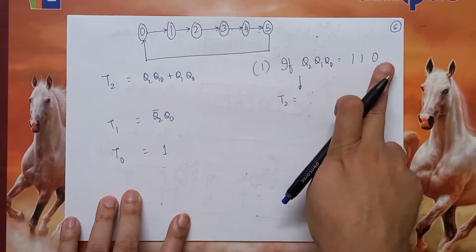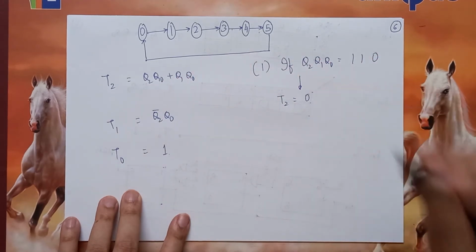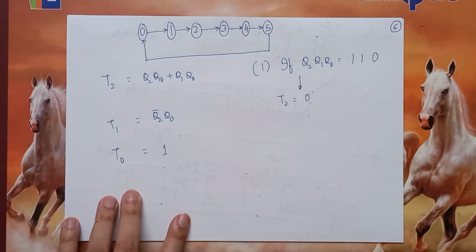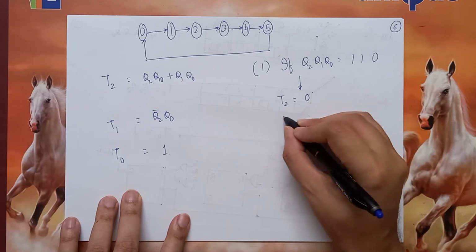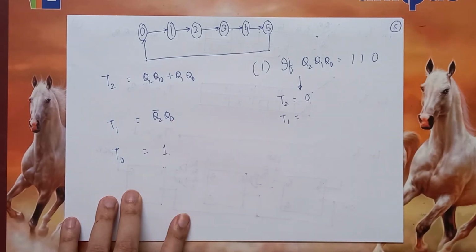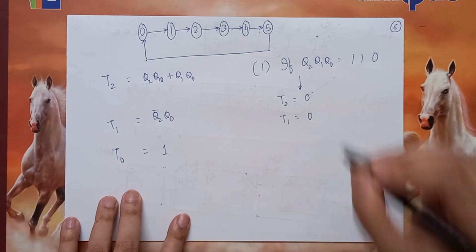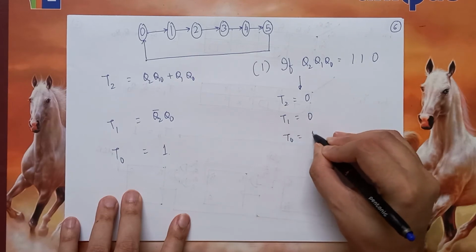So Q2 Q0 would be 0, Q1 Q0 would be 0. So T2 would also be 0. And what about T1? T1 is Q2 bar Q0, which is also 0.